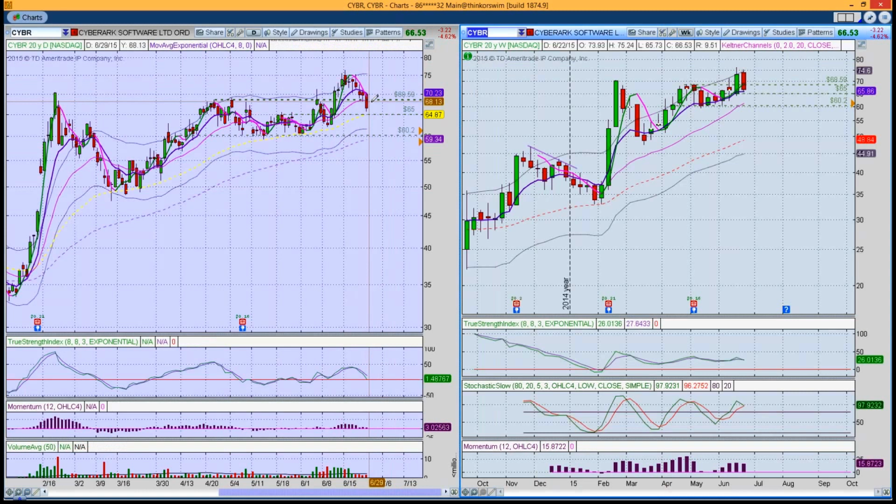Yes, you can fade a trade like this to say, I'm going to buy it at this level. And that's good, but what I like to do is see it bouncing from that level, because oftentimes, as we see with CyberArk, it hit that level and then it continued to fall.